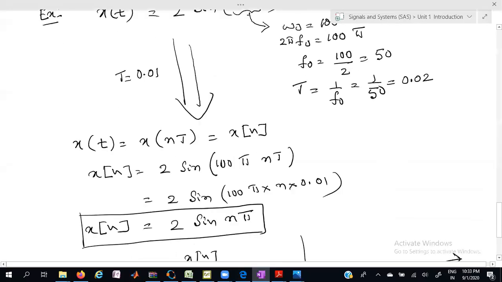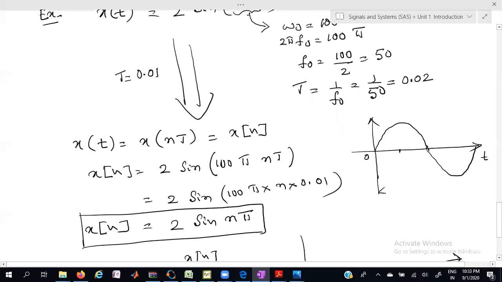So when I plot this signal, the period is 0.02. This is one half cycle. So this is 0.